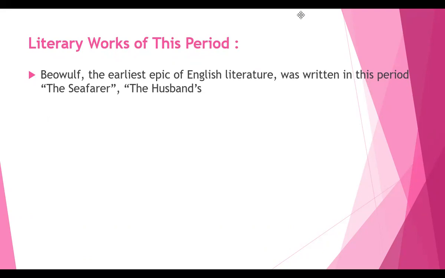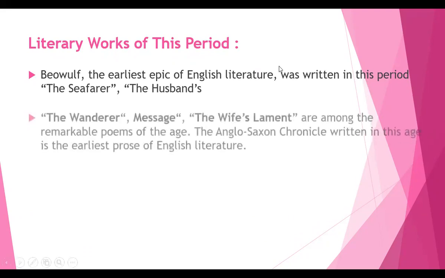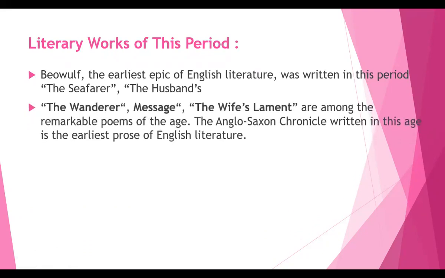The Seafarer, the Husband's Message, these are the literary works of this Old English period, right? And the Wanderer, the Wife's Lament are among the remarkable poems of the age. The Anglo-Saxon Chronicle, written in this age, is the earliest prose of English literature.